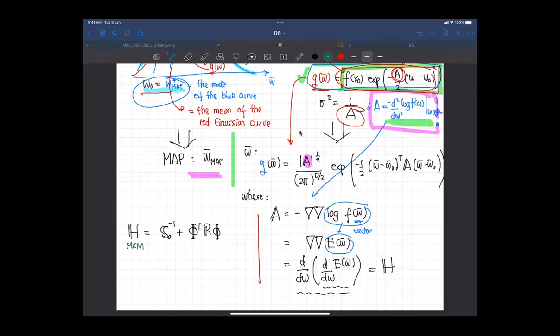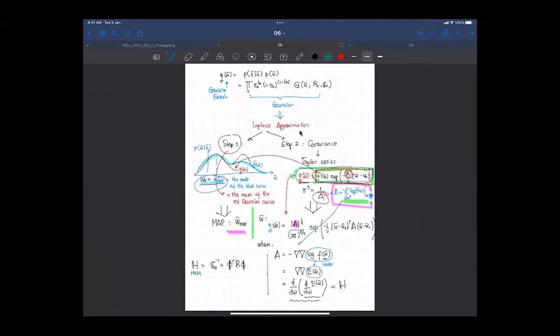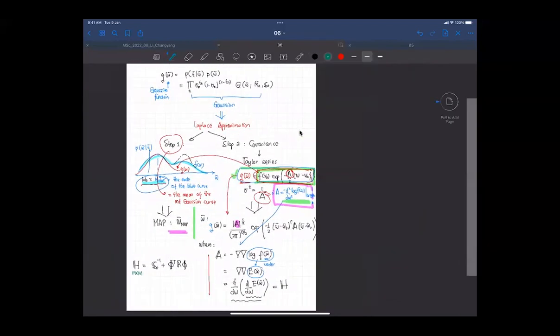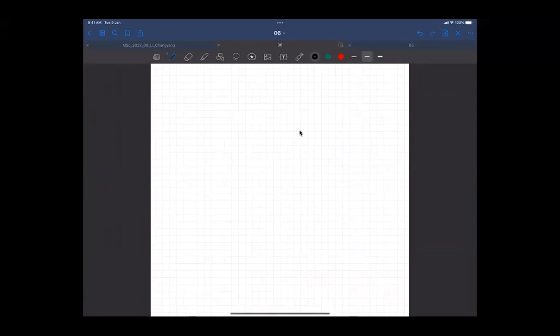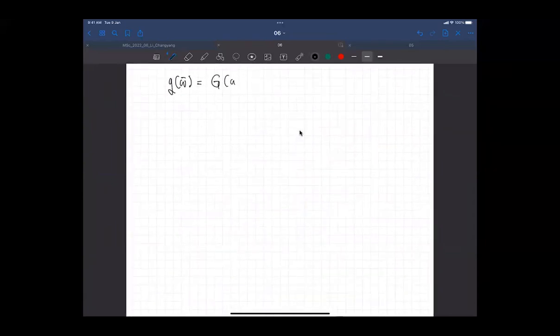Okay. So in conclusion, after we have A, we have H. In conclusion, we can have Q of W, which is a Gaussian of W with mean W_MAP and covariance, or you can put it as W_N and S_N, where W_N equals W_MAP.